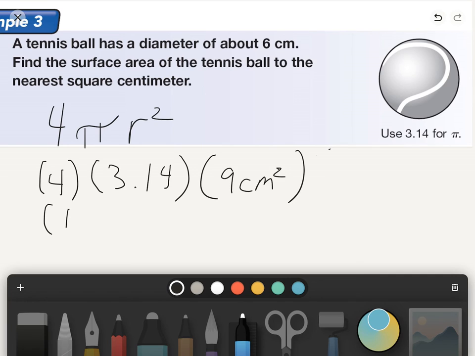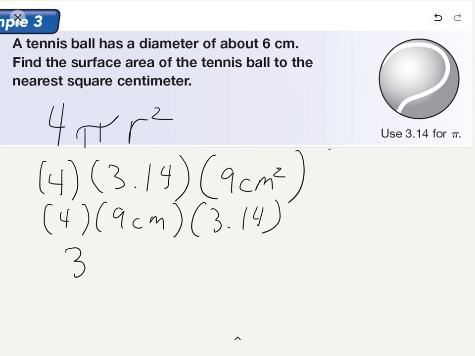I can actually rearrange these. So that could actually just get me to 36 square centimeters.